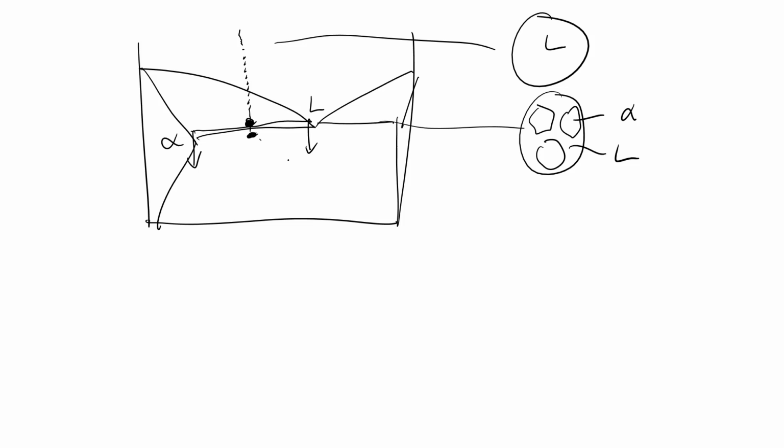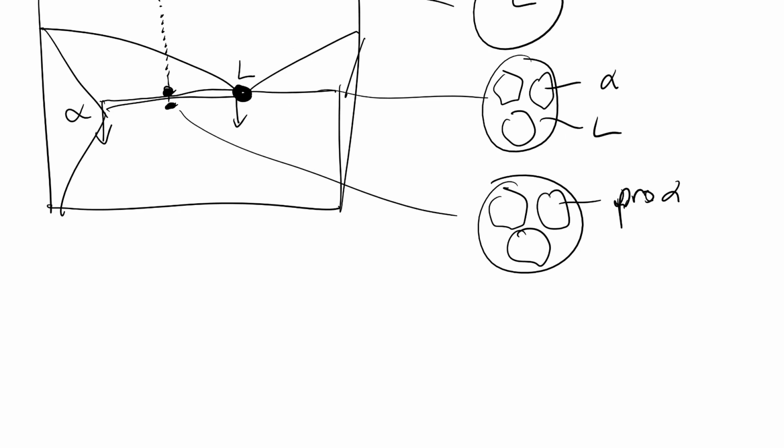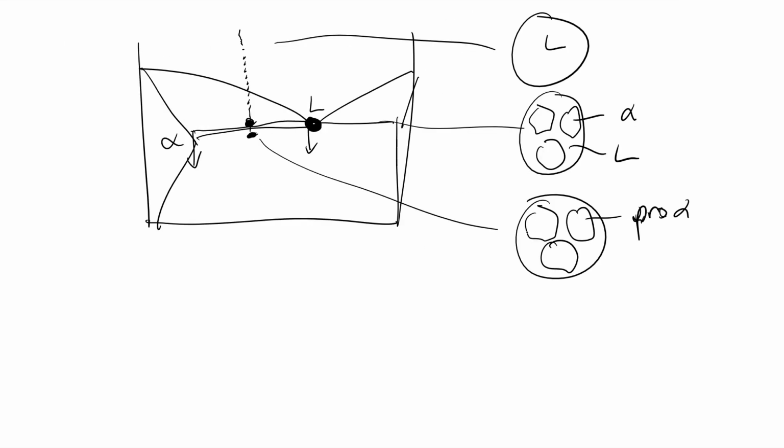But below the line, we cool down, we've got alpha, about half of it, but we call it pro-eutectic alpha because it was alpha before we hit the eutectic temperature. And then all that liquid was at this special composition you can see right here in the middle, or near the middle. That's the eutectic composition, so that when we cool it down, it transforms to an alpha plus beta mixture, the eutectic mix.